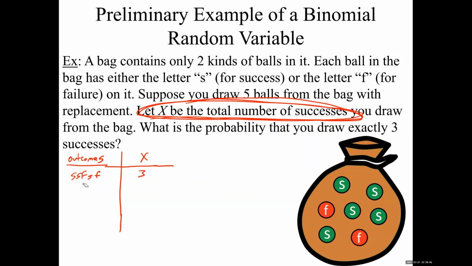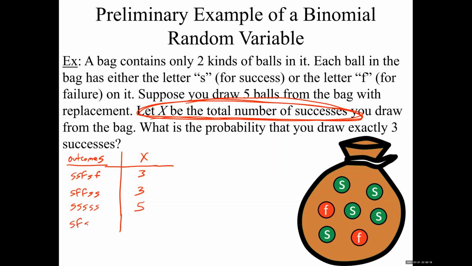Let's do another one. How about, here's another outcome. S, F, F, S, S. And tell me the value of X for that one. 3. Here's another one. S, S, S, S, S. So every time we drew from the bag, we got a success. What's the value of X for that one? 5. Let me do a couple more.